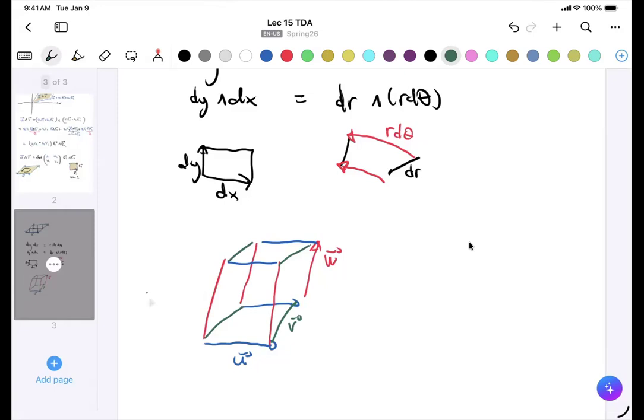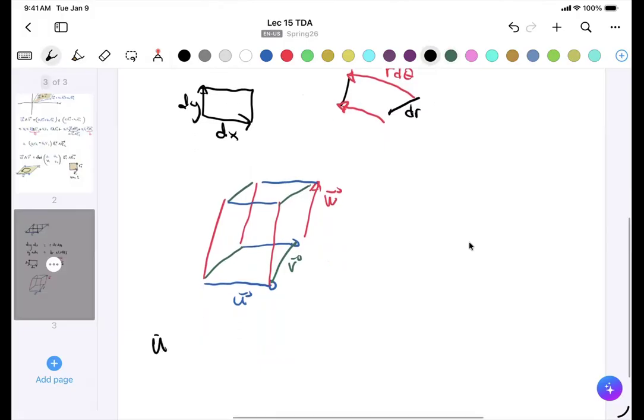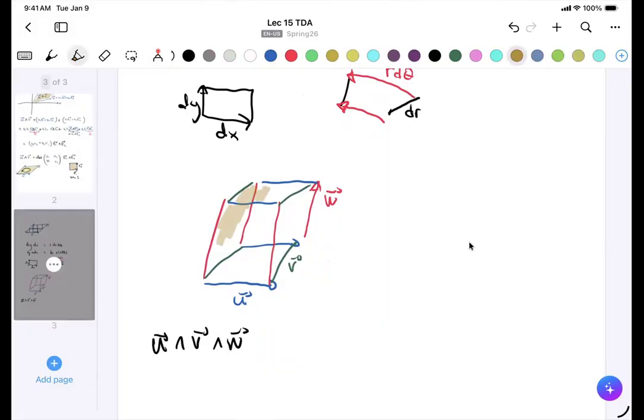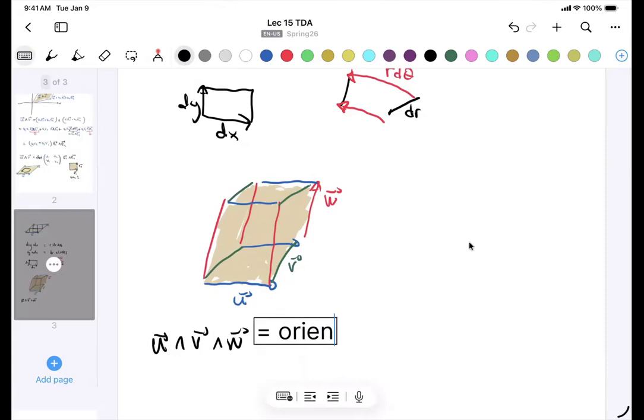But the point is that it is three-dimensional. That's the difference now. And this would be an oriented parallelepiped.